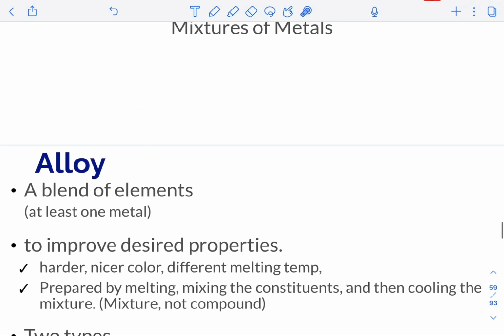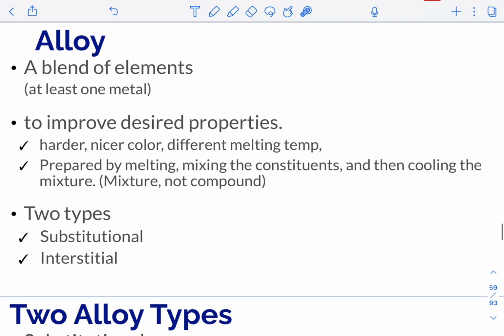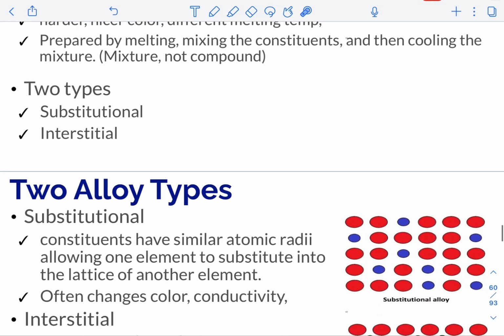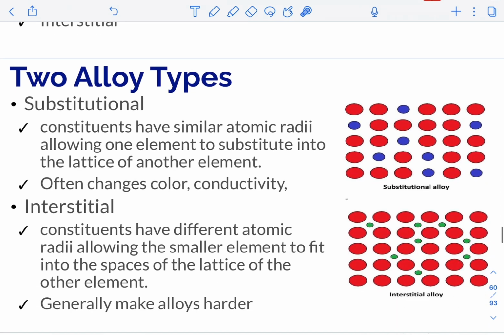Alloys are mixtures that contain at least one metal, and they do so to improve the properties that we're going to use alloys to build things. As you might remember from a video not too long ago, there are 2 types. Substitutional is when you have a pattern here, and then you put one metal in place of another metal atom.